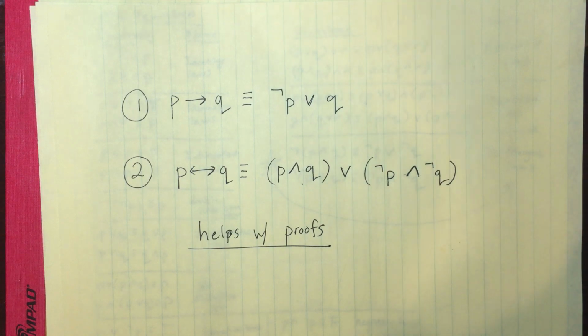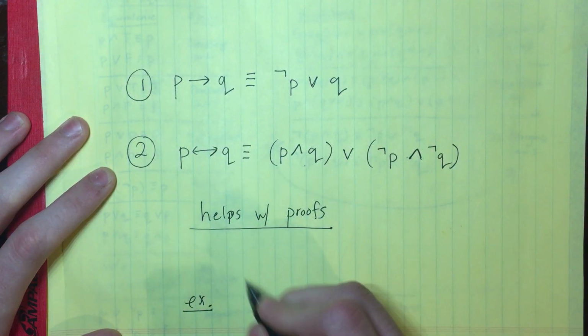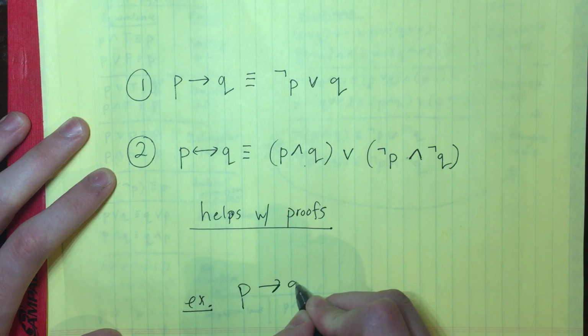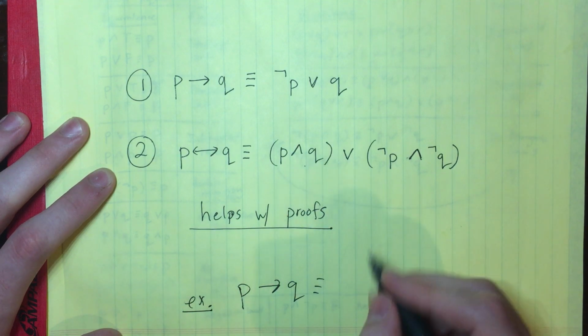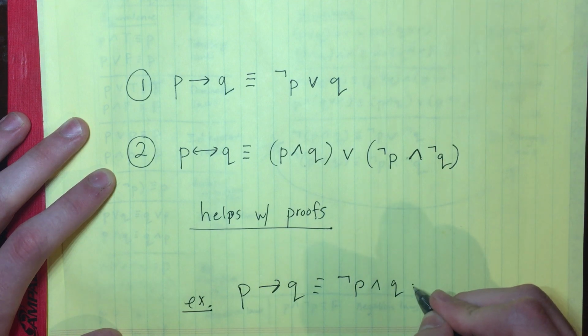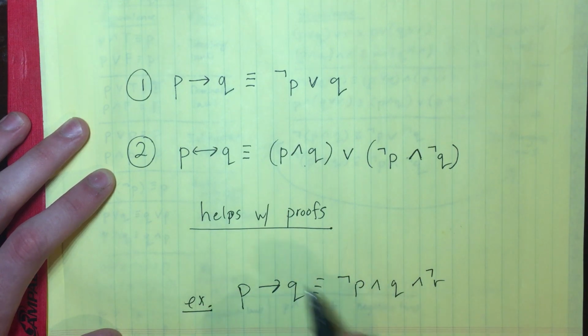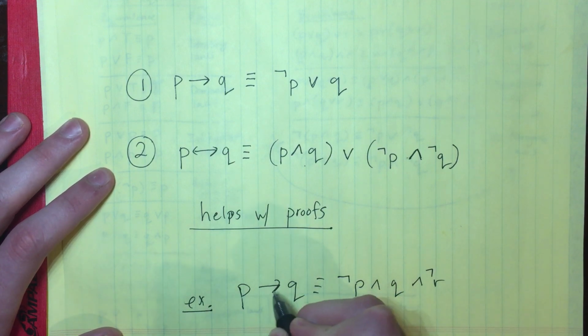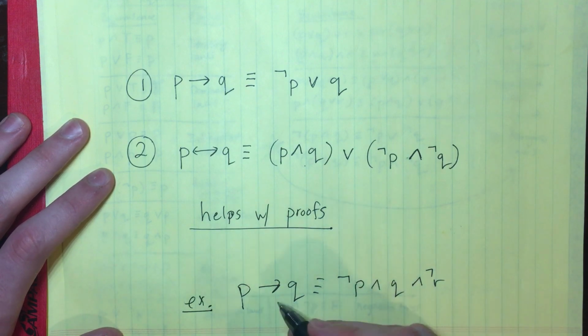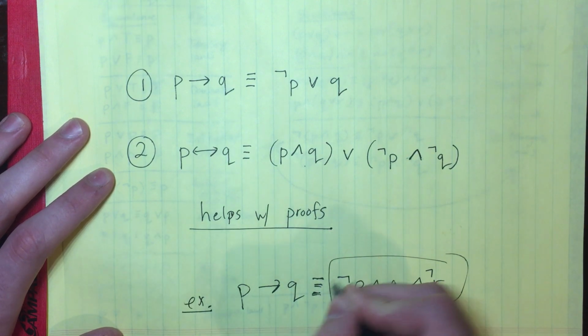It'll give you some crazy example, like prove P and Q is equivalent to not P and Q, then and R, not R. I'm just making up a straight example. But when you're proving, you have to show the steps to get it into this right here.